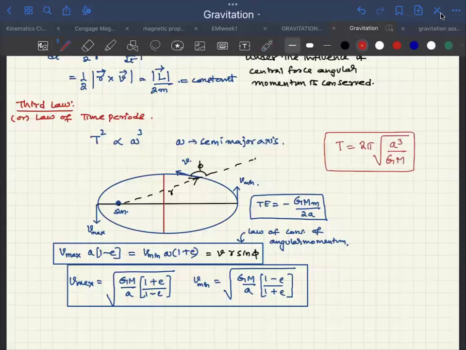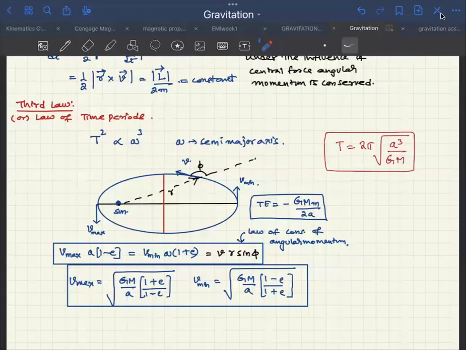And not only that, the total energy of an object in an elliptical orbit is always minus G capital M small m by 2a as per Kepler. This is Kepler's third.